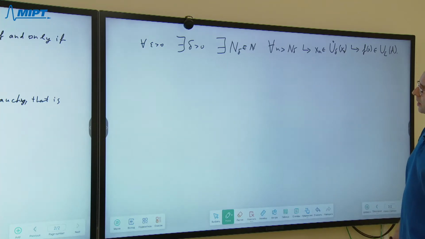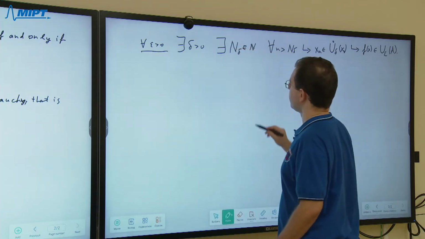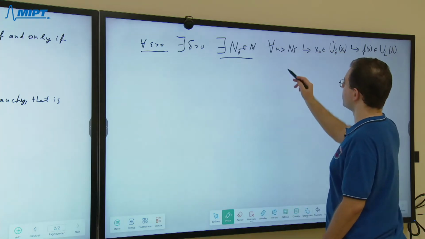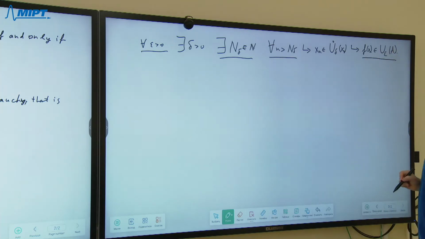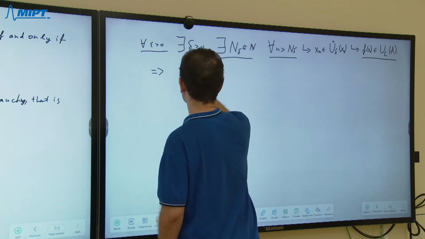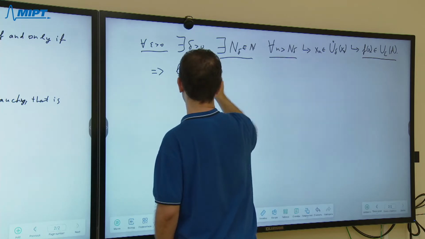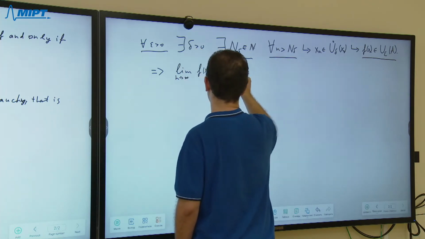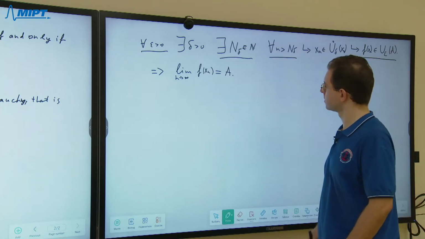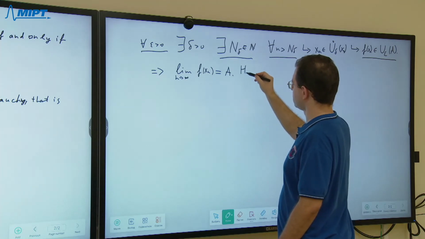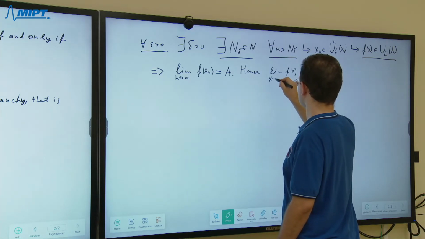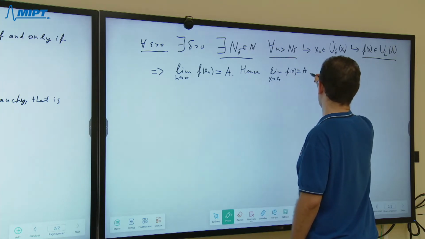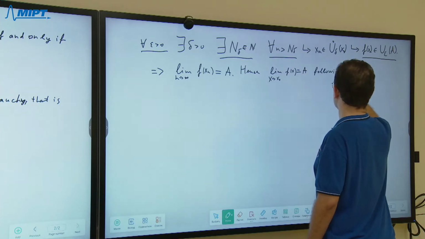So let's read this like that. For any epsilon greater than 0, there exists a number such that for any n greater than this number, f of xn is from the epsilon neighborhood of A. That means that the limit of f of xn as n tends to infinity is A. Hence, the limit of a function f of x as x tends to x0 equals A following Heine.